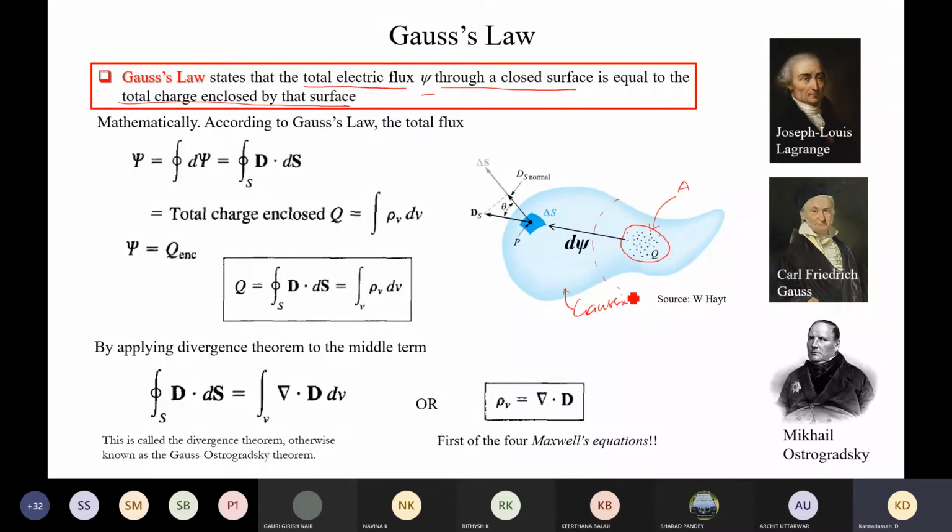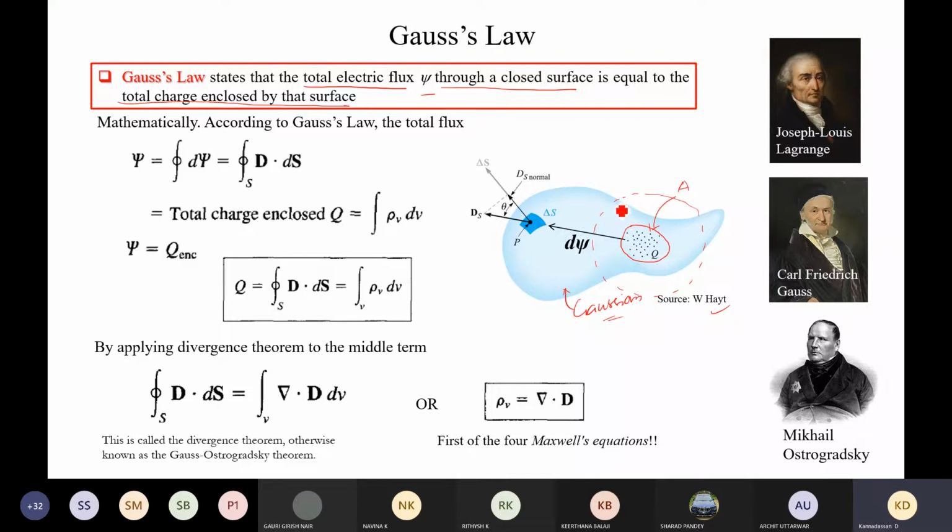For example, you can draw a sphere or something else. This is a Gaussian surface, a closed surface. You can call it by any name, and in books you can always refer to it. For example, in Hayt, you can see the Gaussian surface, and even in Sadiku you can find the name Gaussian surface.